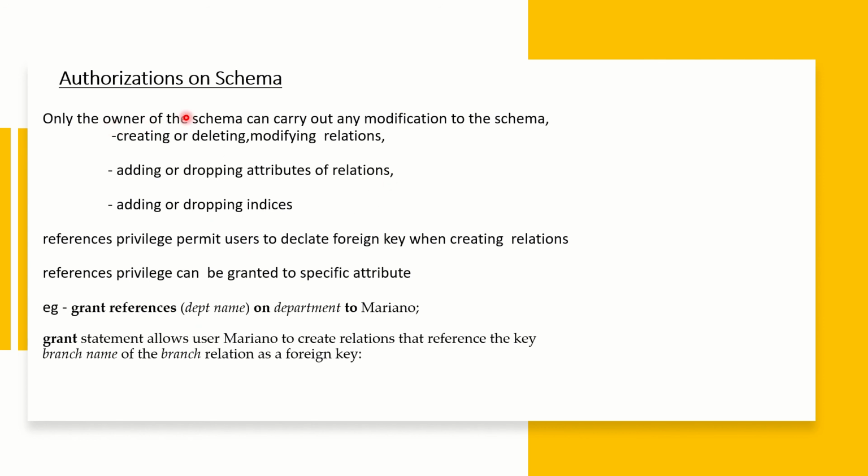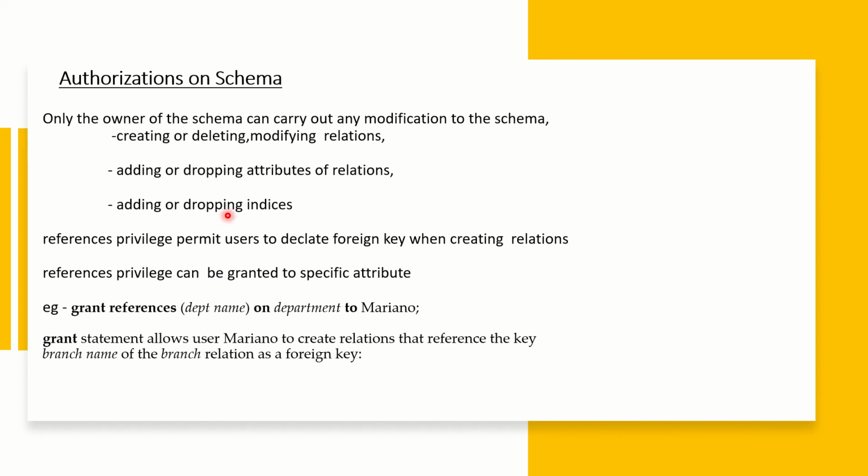Normally, suppose I am the owner of a particular database or schema, I can do all the modifications on the schema. That is, I can create or delete or modify the relation. I can add or delete the attributes of the relation, or I can add or drop the constraints. We will study the concept of constraints. So if I am the owner of the database, I can do all these things.